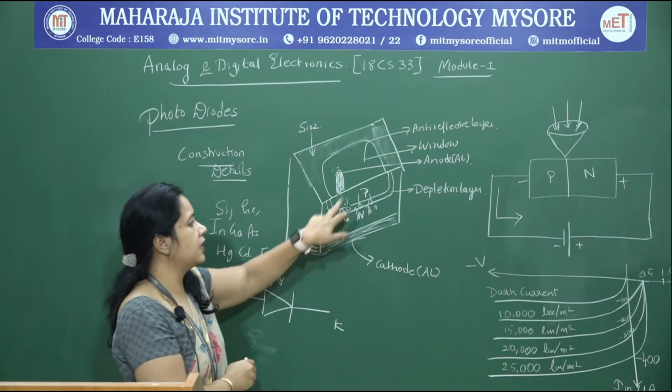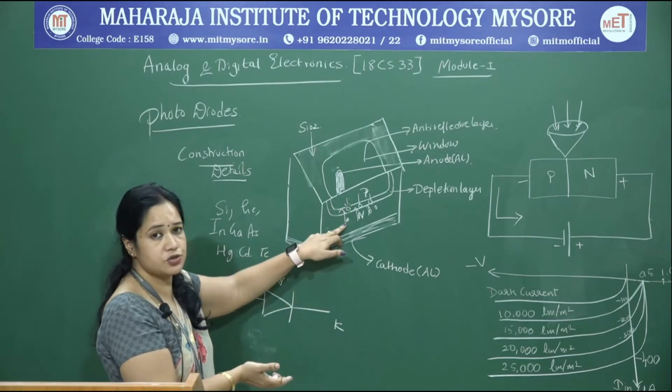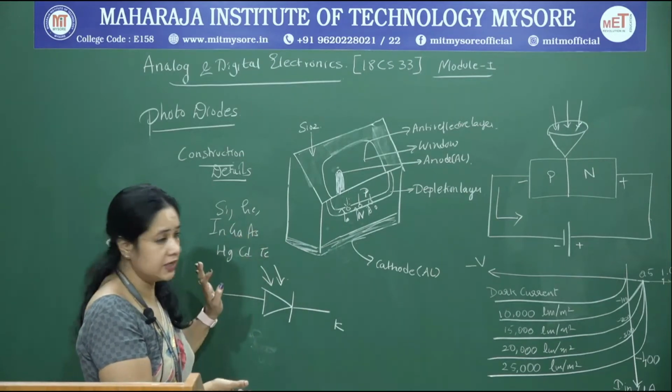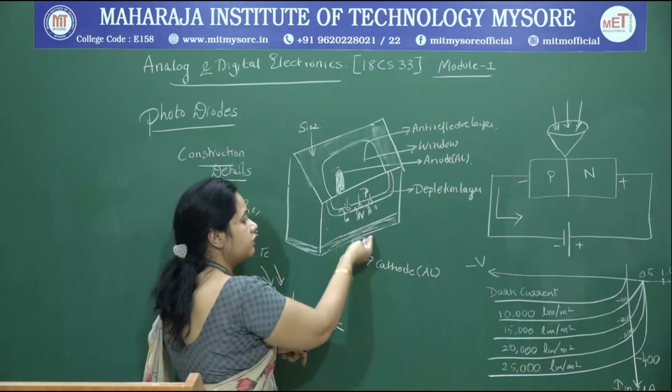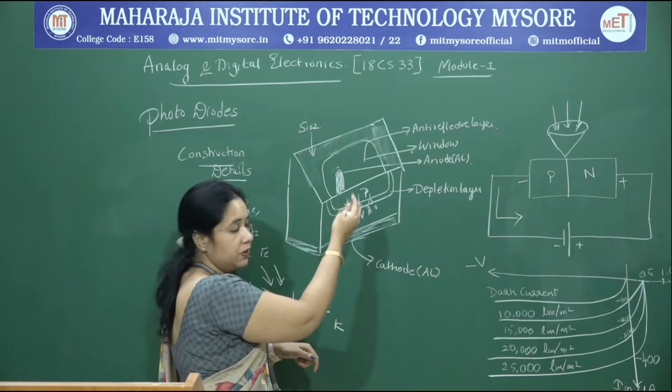It has an N type material and a P type material which are brought together to form a PN junction, and these materials are constructed using one of these semiconductor materials. When the junction is formed, holes diffuse into the N region and electrons diffuse into the P region.